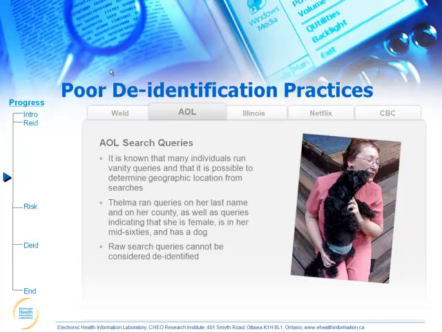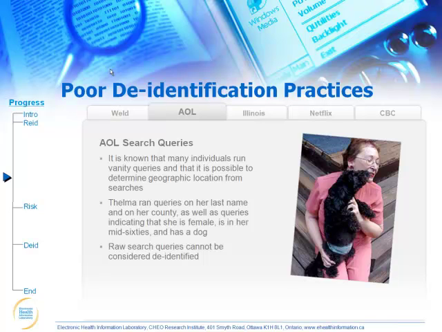And this was exactly the case of Thelma Arnold. She did search queries on Arnold. She did search queries on 65-year-old single men. She did search queries on what do you do when a dog urinates on your furniture. And she did search queries about properties in her neighborhood in Georgia. So when you put all of these together, you can figure out very quickly that she's female, she's around 65, she's single, she lives in that county in Georgia, and her name is Arnold.